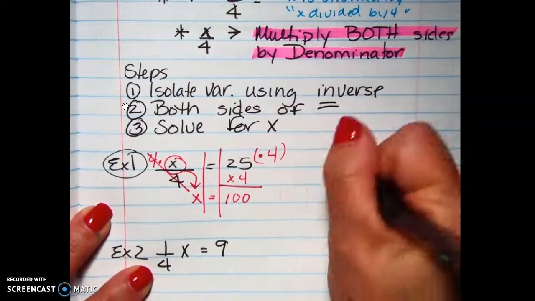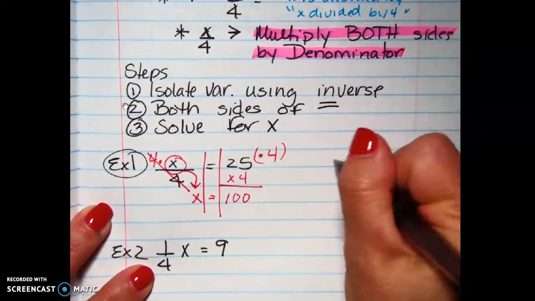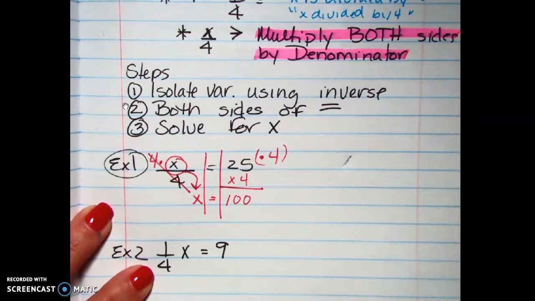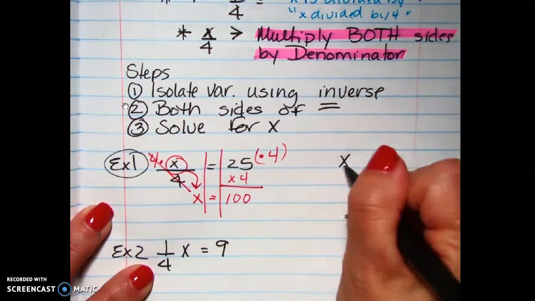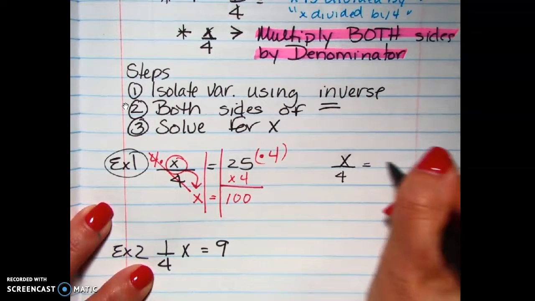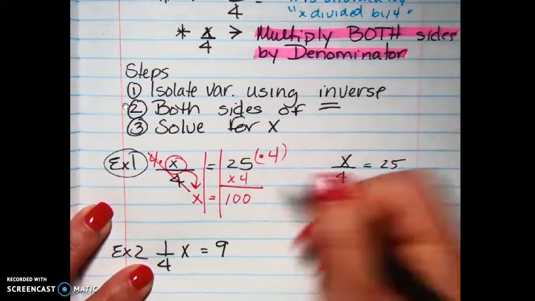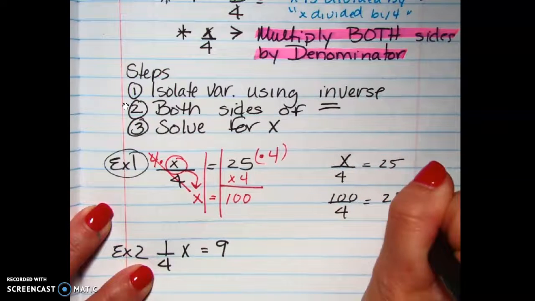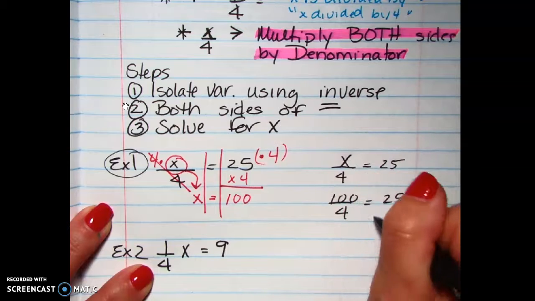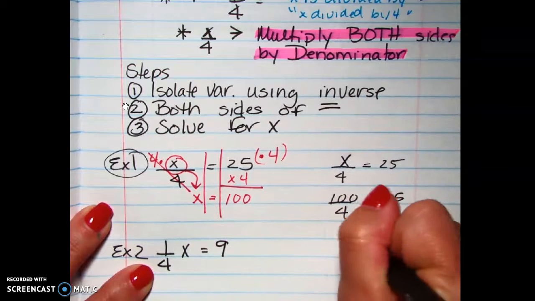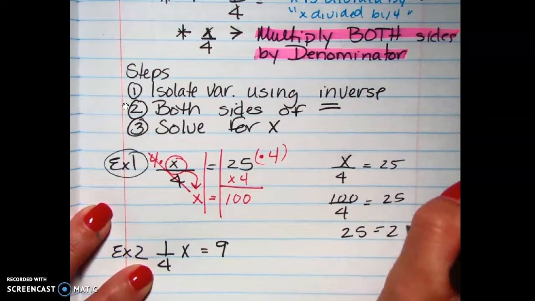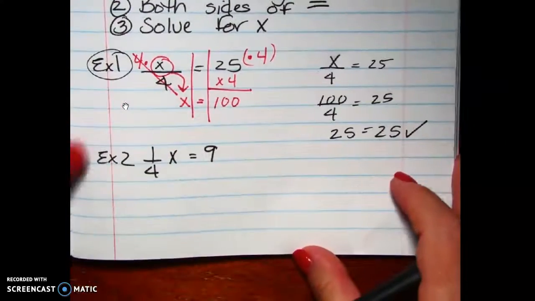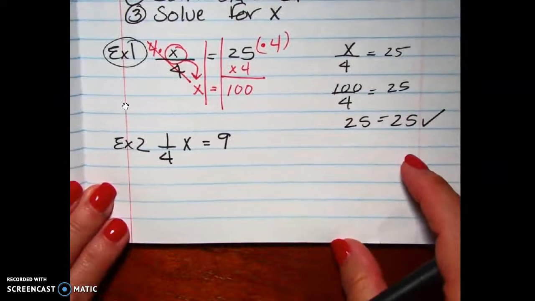I plug in 100 for x, so I say x over 4 equals 25. I plug in 100 over 4 equals 25. 100 divided by 4, that's what it means. 25 equals 25. Check.